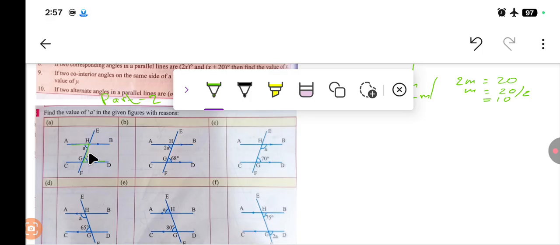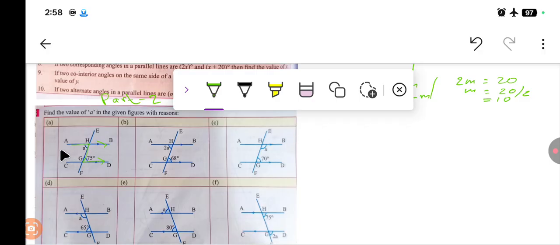Z shape relation is always in alternate angles. When a pair of parallel lines are there and it is cut by a transversal EF, angles form on the opposite side of the transversal, both interior, are said to be alternate angles, and alternate angles are always equal.